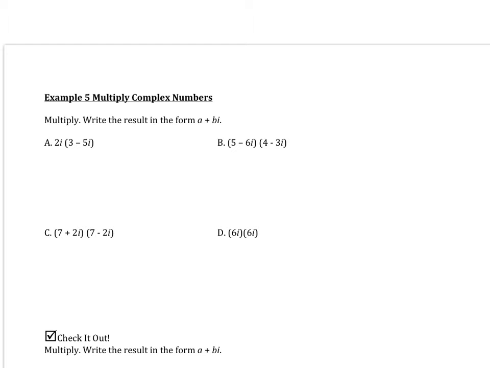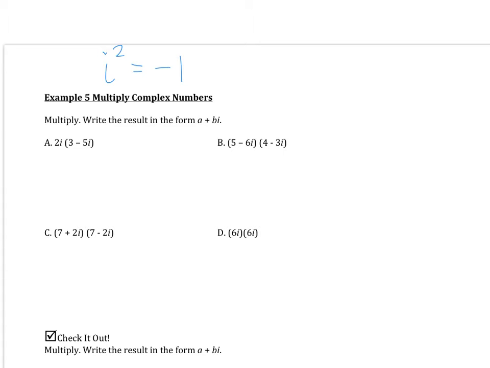Okay, 5-9, day 2. We can multiply complex numbers using the distributive property, and we treat our imaginary parts as like terms. Recall that i squared equals -1, so we need to simplify using that fact.